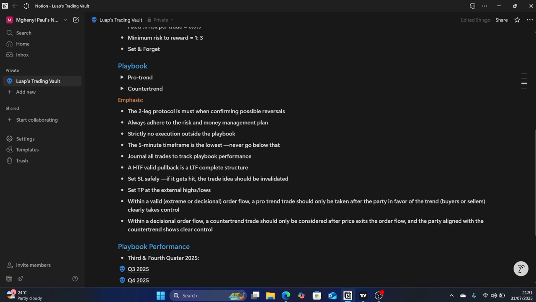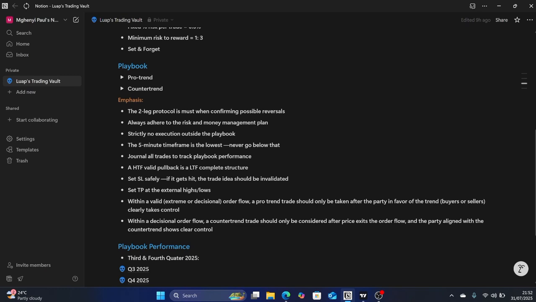Let's say you are in a group and someone drops a setup on the same pair that you trade, let's say GBPUSD, and that setup is against your analysis. Let's say I drop a setup, and then you check that it's not aligning with your analysis. Maybe you can check where am I wrong.